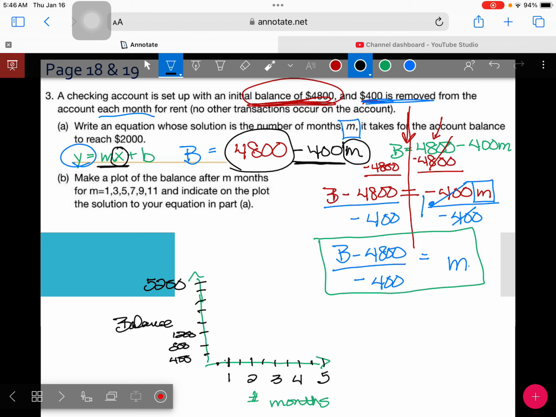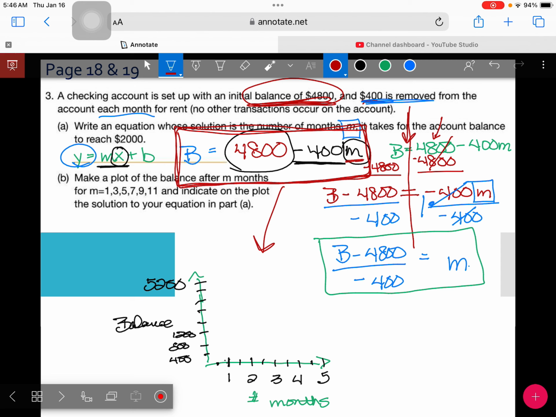And then you plot the points by saying, okay, here is month number 1, and here is my balance B. So even though we wrote this in for the month, you are probably going to use this equation that I am boxing right here when it comes to writing it down.